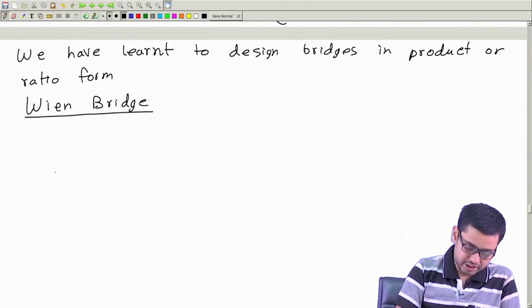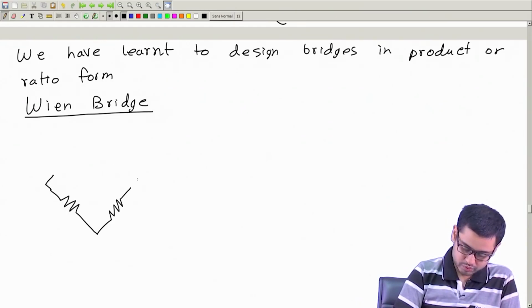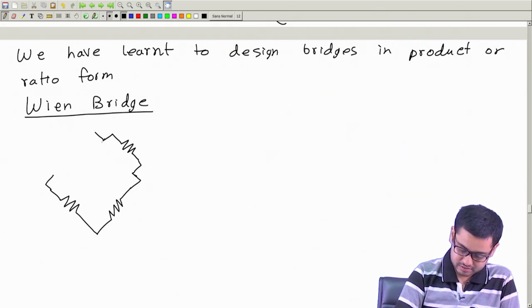Okay. So, this particular bridge is just a capacitor bridge which has two resistances and two capacitor branch. Okay.